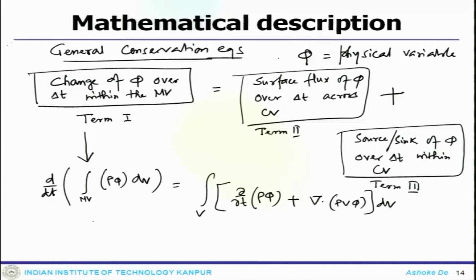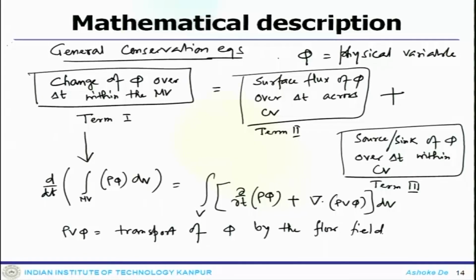And this rho v phi is the transport of phi by the flow field, or you can say the transport of the property phi due to the underlying velocity field over there.